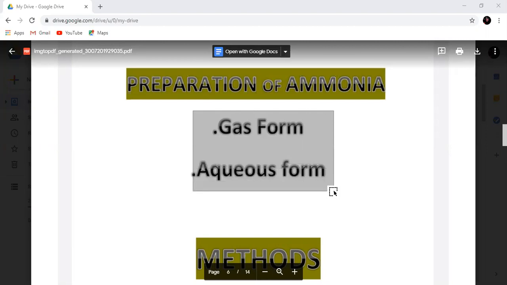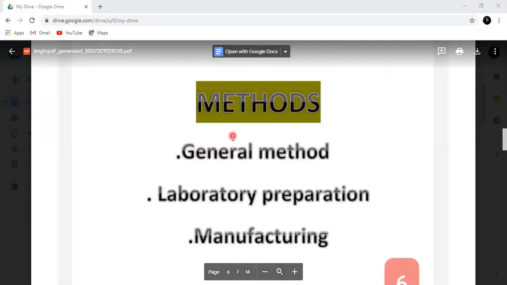As you know, ammonia is highly soluble in water, so the aqueous form is normally present in its preparation. After this, next are the methods by which we can prepare it.